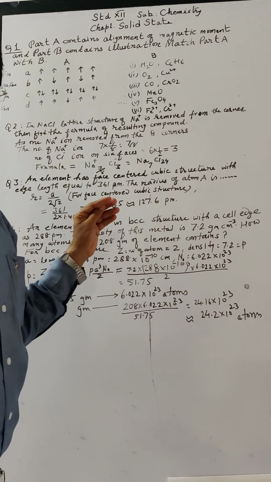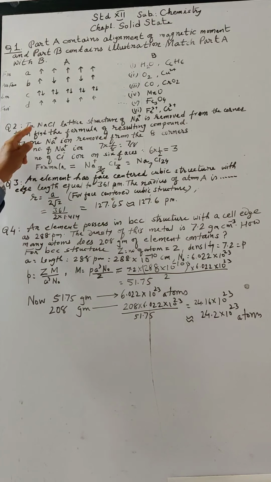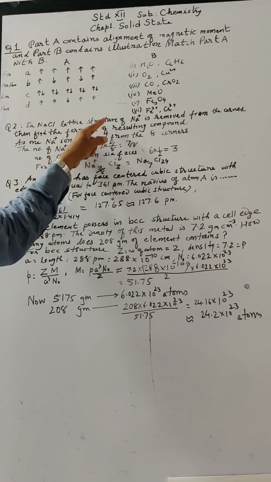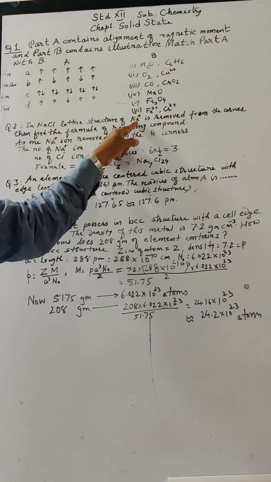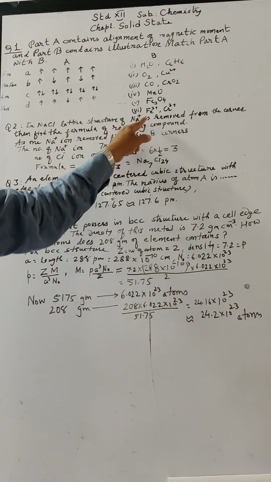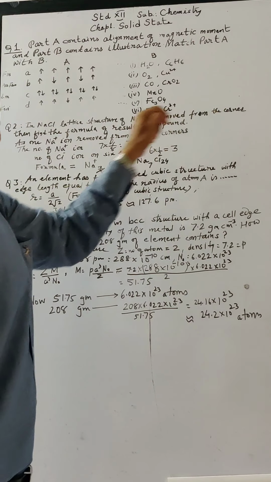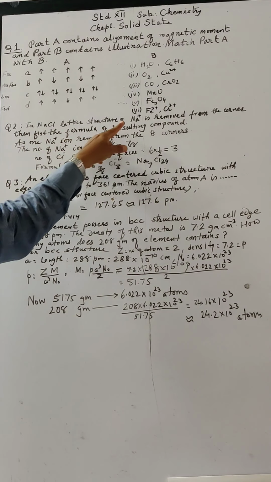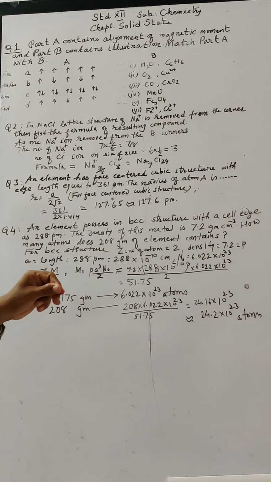In question B, in the initial lattice structure, Na plus is removed. If a sodium ion is removed from the corner, then find the formula of the resulting compound.